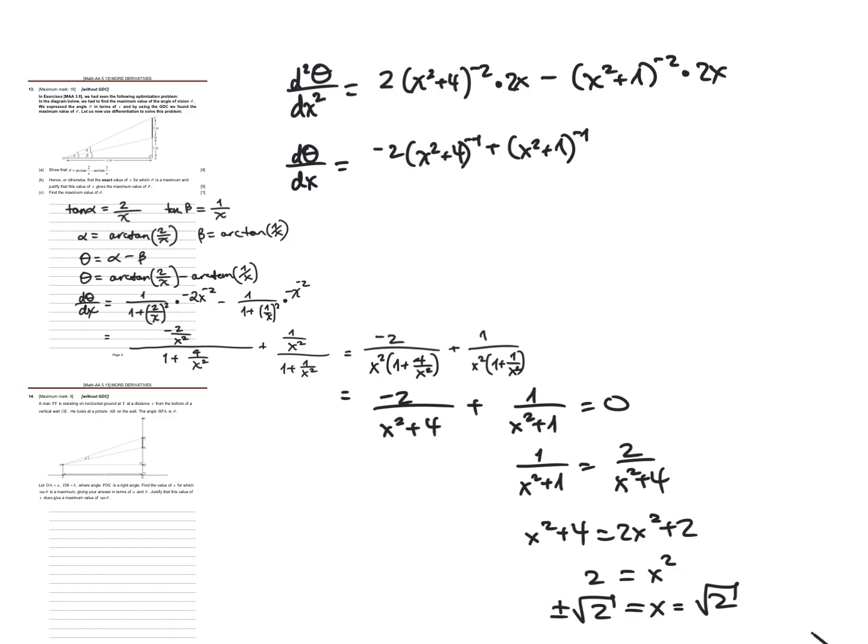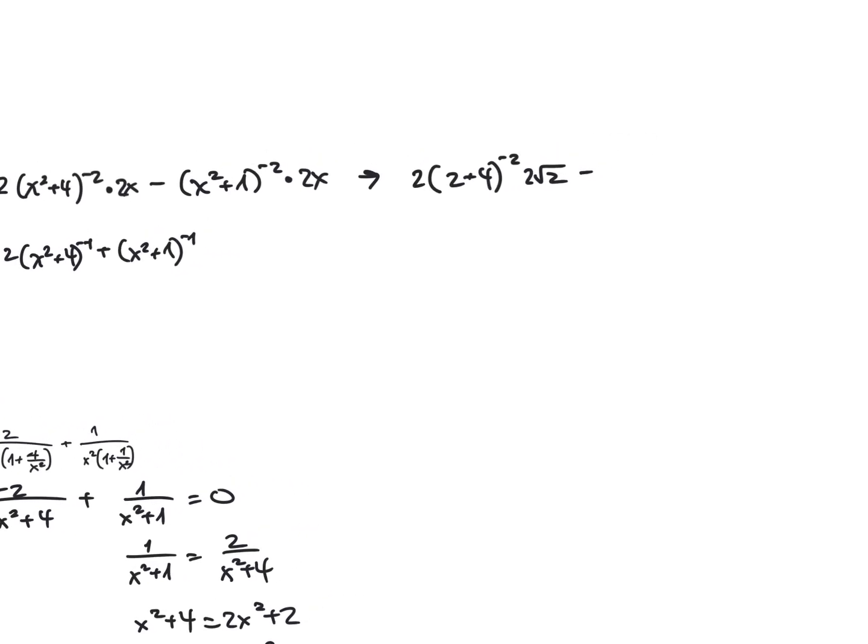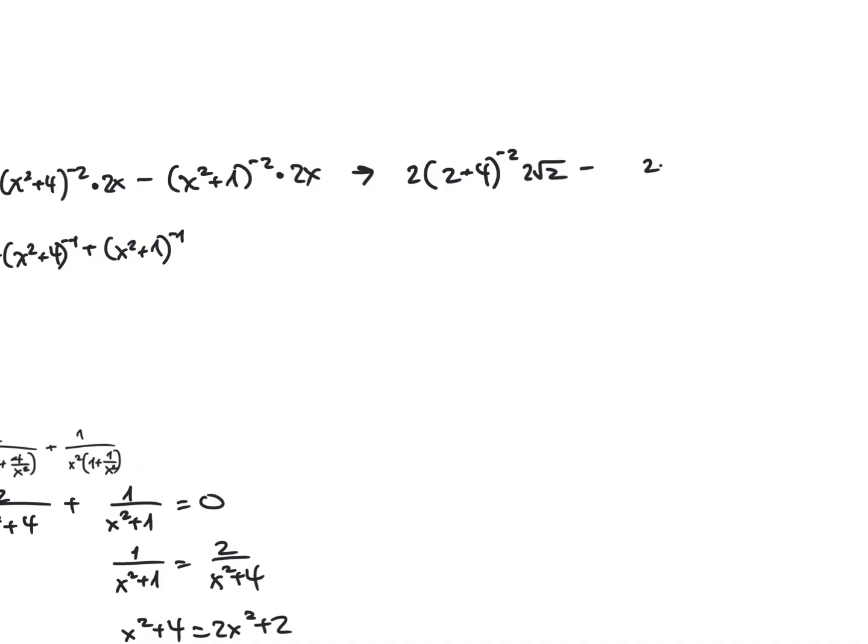And then we need to substitute in square root of 2. So we're going to have 2 root 2 over square root of 2 squared, which is 2, plus 4, squared, so this is a positive number. Minus, and then we're going to have 2 root 2 over 2 plus 1, 3 squared.